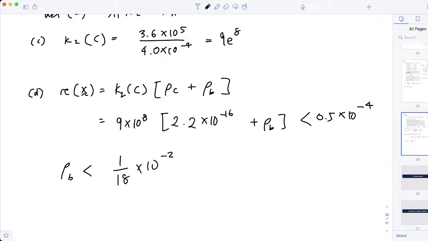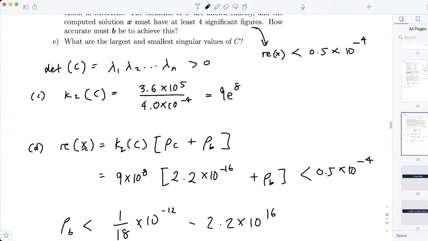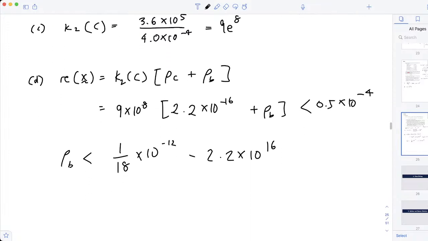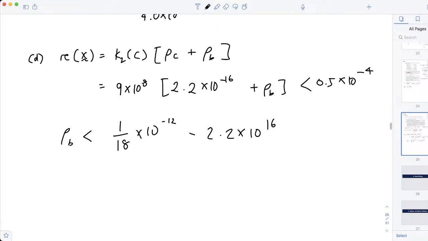So I'm just dividing by 9 times 10 to the power of 8 over here. And then we will just subtract 2.2 times 10 to the power negative 16. Oh, what have I done? That's supposed to be a negative 12, not a 2. So the relative error of B has to be less than this thing over here, but we don't want just this. We have to figure out how many significant figures we want.